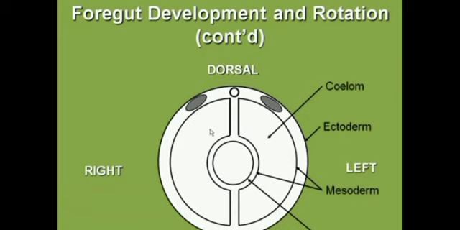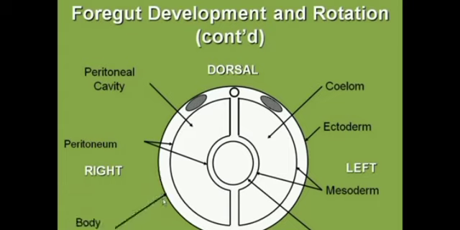So instead of calling this the coelom, we'll call it the peritoneal cavity, which is, of course, what this becomes. And therefore, the two layers of mesoderm we will call the two layers of peritoneum. This outer layer that is ectoderm, we'll refer to that as the body wall. That's not precisely ectoderm. That's a little bit more than ectoderm, but that's good enough for our conversation. And then this innermost layer, which is lined by endoderm, of course, is the gut tube.